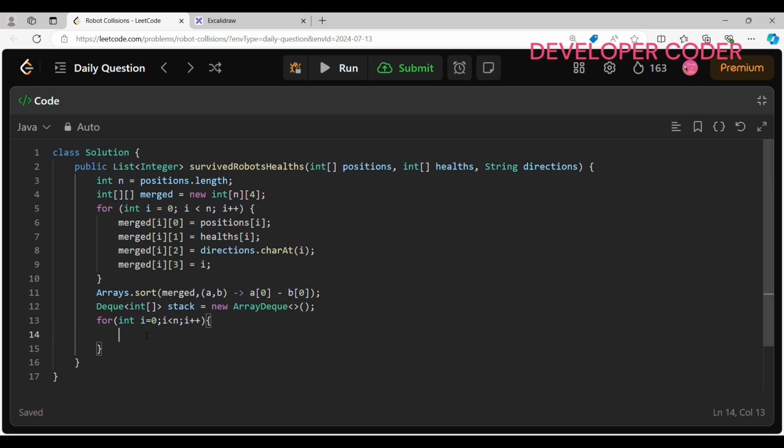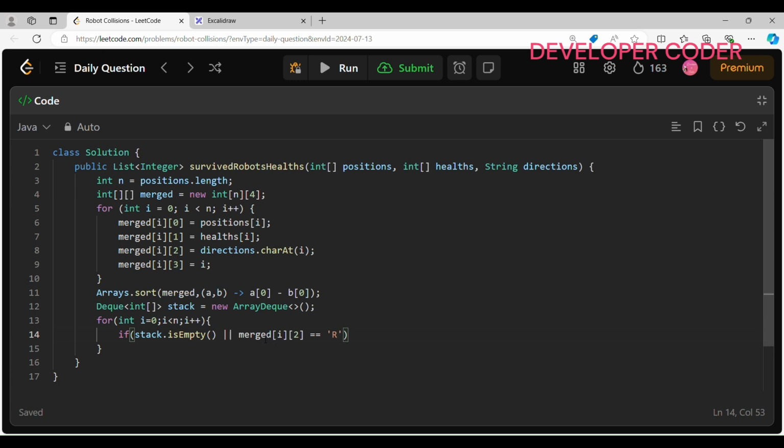Now the first thing that I am going to write is to check if my stack is empty, or merged of I of 2. So 0 is position, 1 is health, and 2 is direction. If this value is equal to r, merged I of 2 is an int, and here I am writing r.